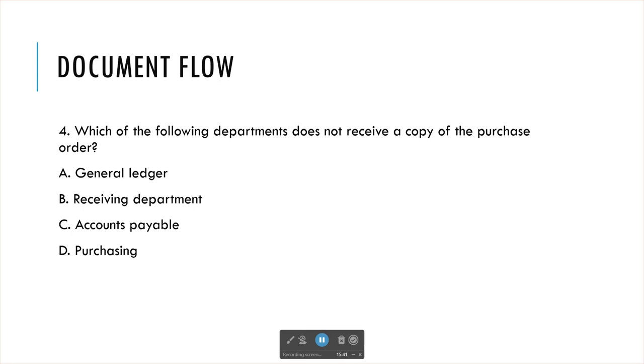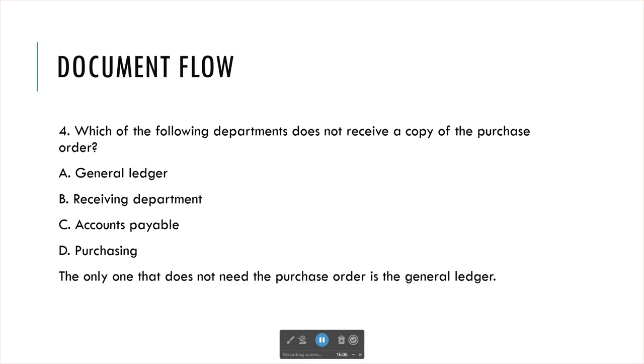Accounts payable, I have been referring to as accounts payable clerk, also obviously needs a copy of the purchase order because they're doing the matching. And that's one of the documents required in the matching. And purchasing is the one that actually initiates the process. So they might actually have the original. And it says a copy, but they might actually have the original. So that leaves us with the general ledger.